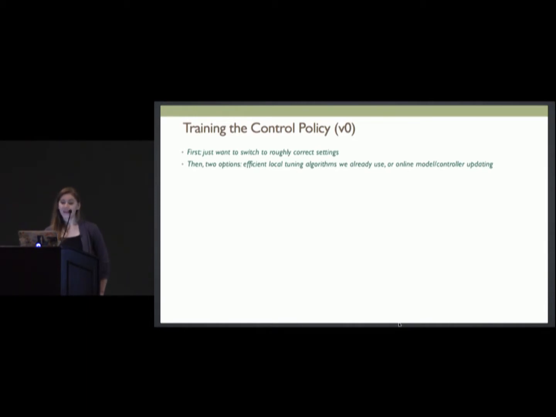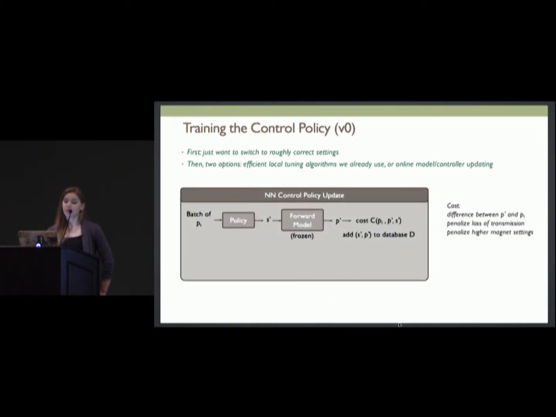So here, all we really care about is just roughly getting to the correct settings. And then after that, you can either do finer tuning with some of the efficient local tuning algorithms that we already use in accelerators, or retrain the model and the control policy.